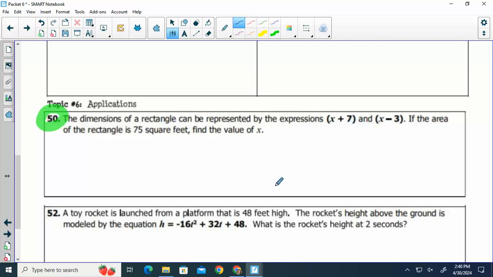If the area is 75, find the value of x. How do we get area of a rectangle? Length times width. So my area we said was 75. The length is x plus 7. The width is x minus 3.